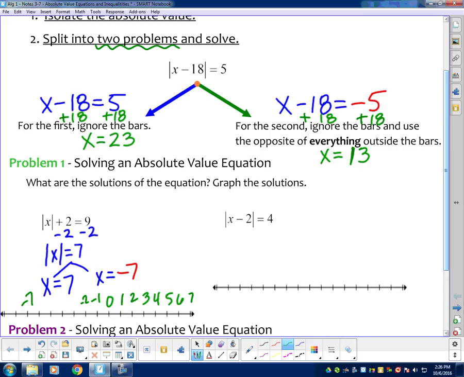I'm not including any other numbers. I'm including 2 numbers. What are my 2 numbers I'm going to graph? 7 and negative 7. So I put a dot on 7. On the skill test, we won't make you graph because it doesn't really make sense to graph when we don't have an inequality. You just have a dot on 7 and negative 7. Those are your only 2 solutions.